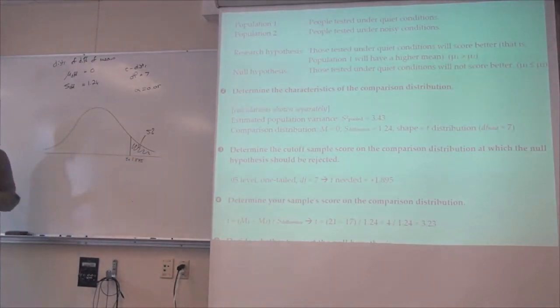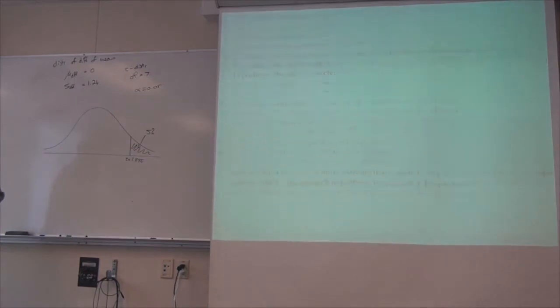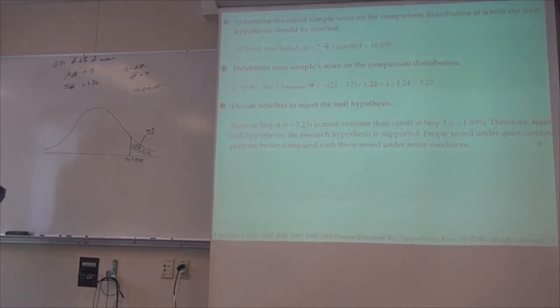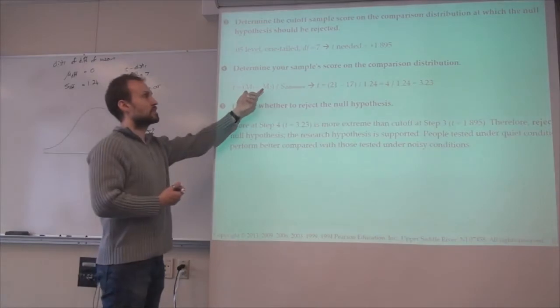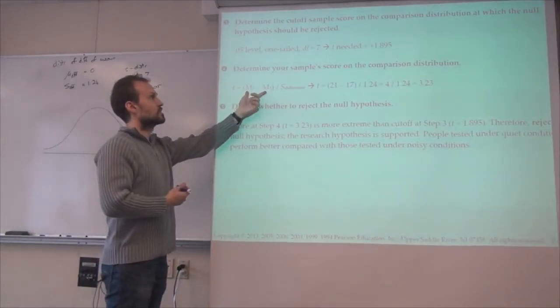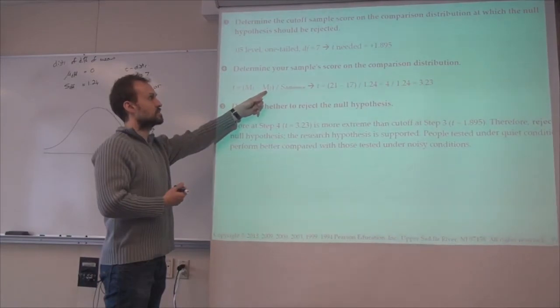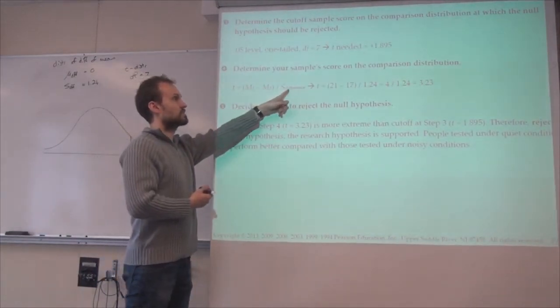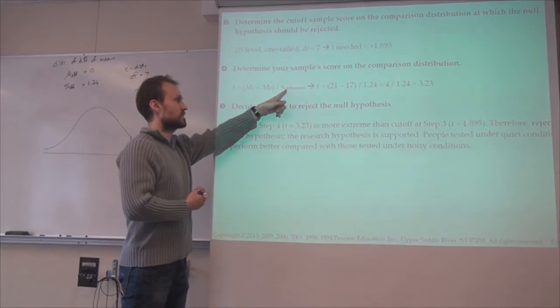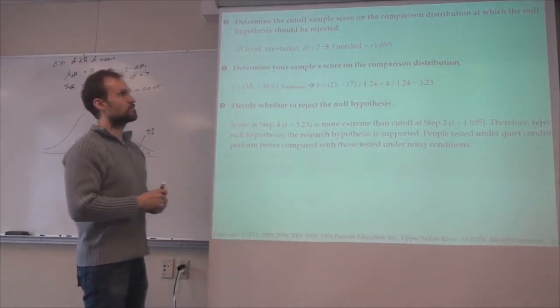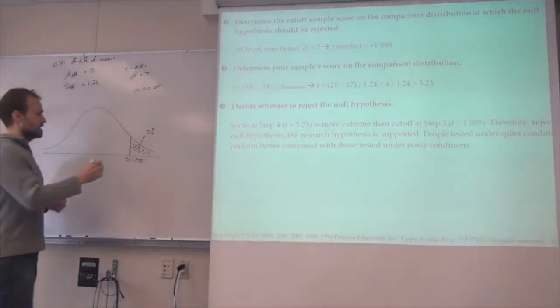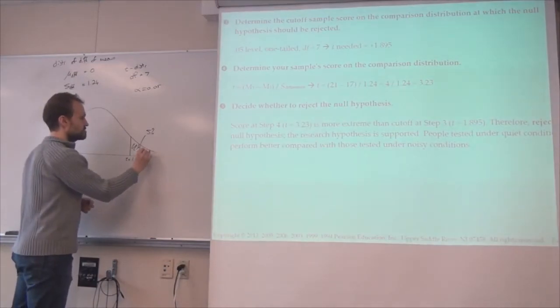Now I'm going to look at my observed t-score, which is the difference between the two means, quiet minus noisy, divided by the estimate of the standard deviation, and I get 3.23, and that's way out here.